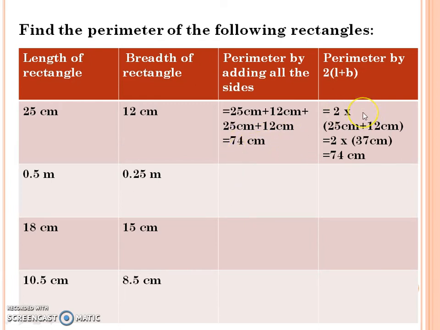And by using the formula directly, you get 2 into 25 centimeter plus 12 centimeter, so 2 into 37 centimeter, and the final answer is 74 centimeter. Same answer by using the formula and by adding all the sides. Now the rest 3 you have to do in a similar manner, likewise I have done the first one.